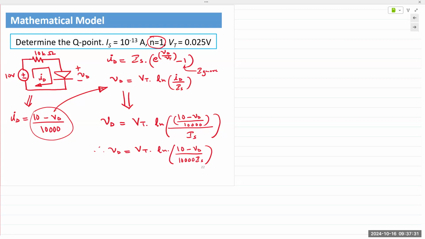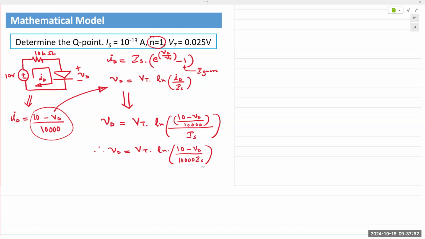It's similar to the previous approach where we make assumptions. So here's what we do. We do an iterative calculation. We have VD equal to something that is also a function of VD.